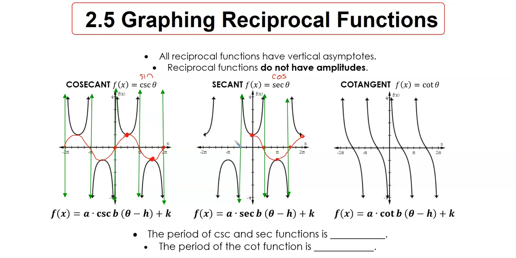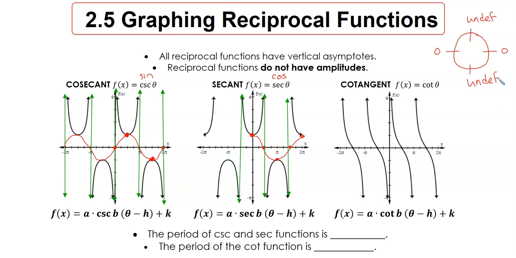Cotangent is basically flipping tangent over. Our tangent graph has its center point at the 0, but this one is going to shift over. Remember, from our unit circle, my tangent here is 0, my tangent here is undefined, my tangent here is 0, and my tangent here is undefined.